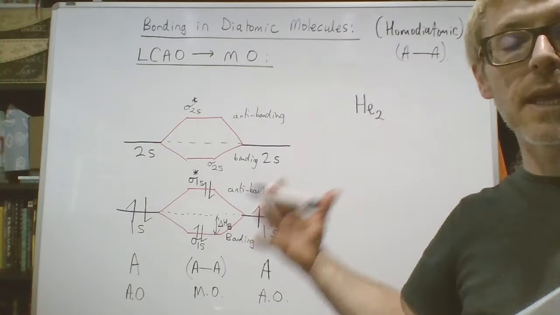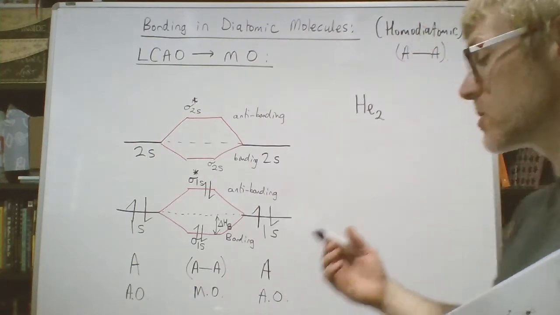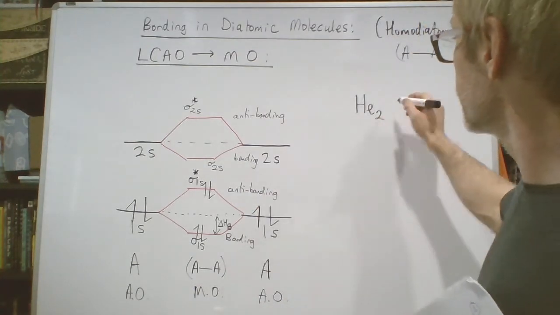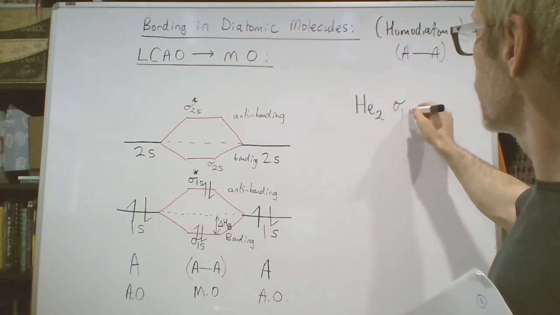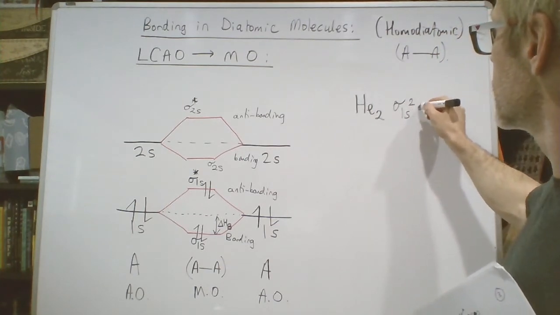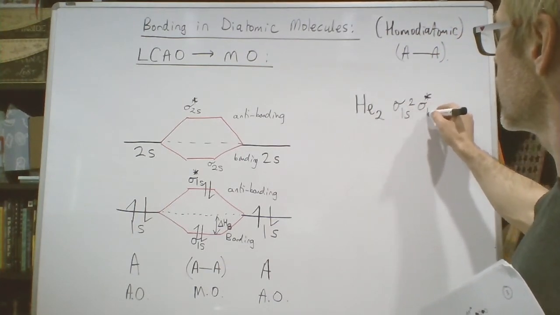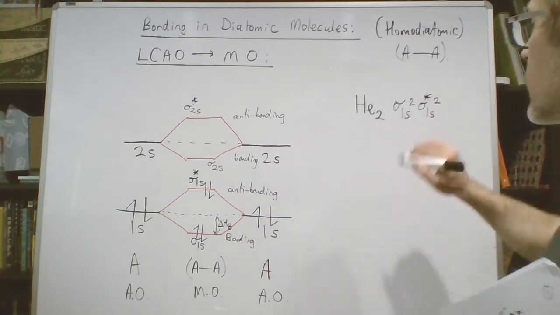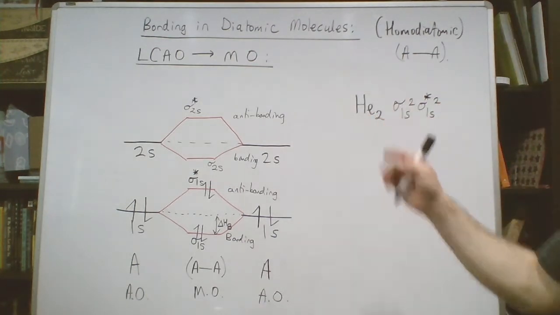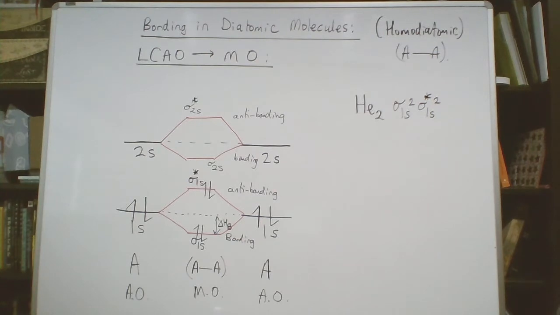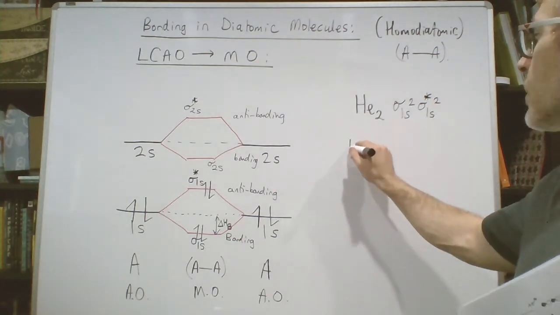So if we wrote the molecular orbital configuration, we would write sigma 1s2, sigma star 1s2. So there are 4 electrons from our supposed helium molecule. Let's calculate the bond order of helium.